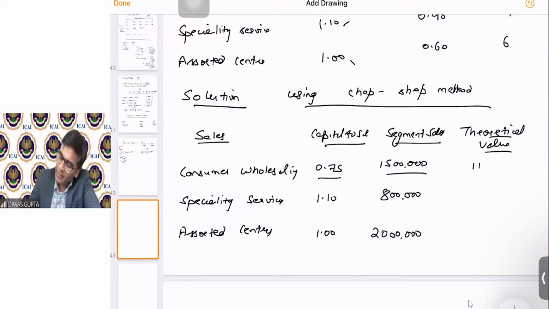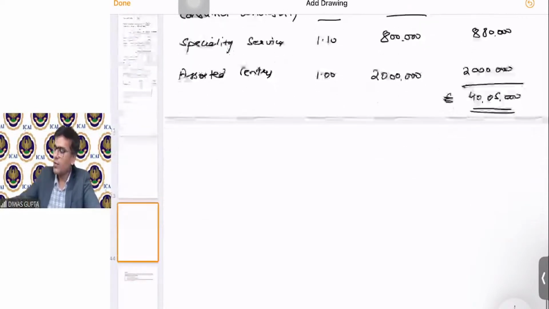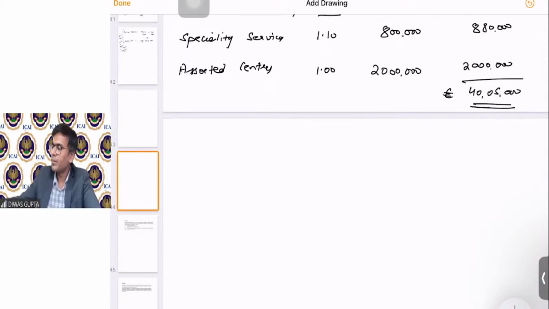This becomes 11 lakh 25,000, students. This becomes 8 lakh 80,000. Then this becomes into 1 is 20 lakhs itself. So this is 40 lakh 5,000 euros. Okay. This is basis sales, right? Similarly, students, we will have to do basis assets now.